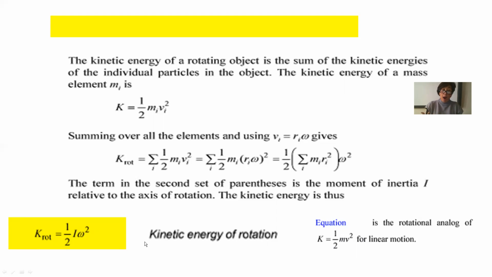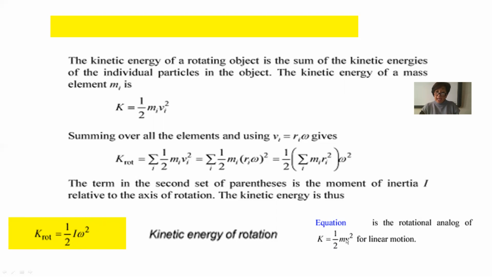But in comparison, we know the kinetic energy of the motion and the kinetic energy of rotation. In here, this is the kinetic energy for linear motion, and for rotation, this is the formula we're using.